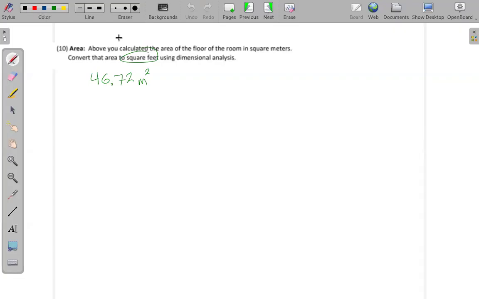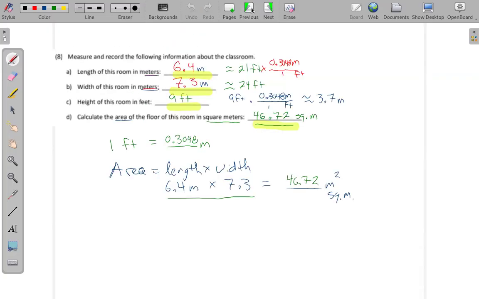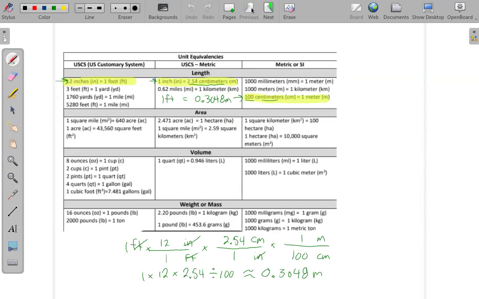All right, so we have to find some way to get rid of meters squared, to convert to something else. Well, I don't think I have anything written down about that. Let's go look back at our chart. Let's see, area, they have square miles to square kilometers, acres to hectares, square meters over here to hectares. So we could use a combination of these, but I think this conversion we did right there is going to help.